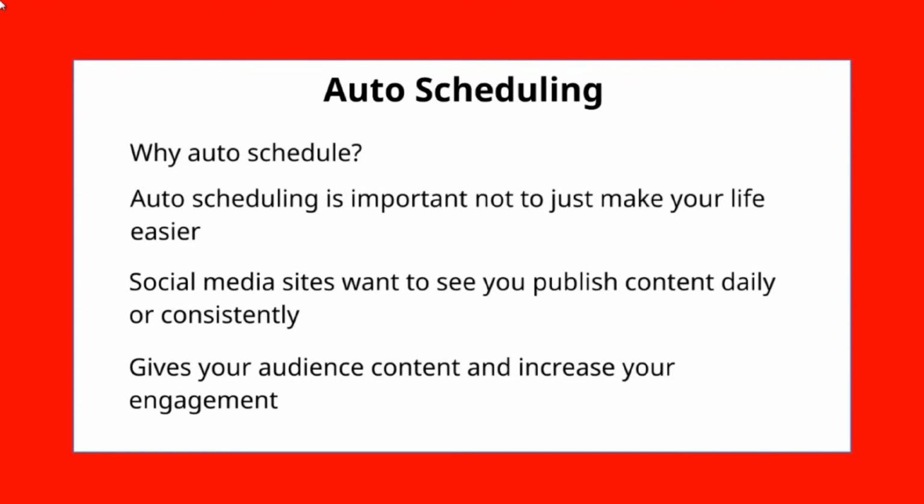So it's a win-win situation. You're winning by saving a lot of time on your end, and in addition to that, you are also giving your audience content, increasing your engagement, and thereby the social media sites will see that and their algorithm will kick in and get you better rankings. So what kind of tools can you use? Well, let's talk about that right now.